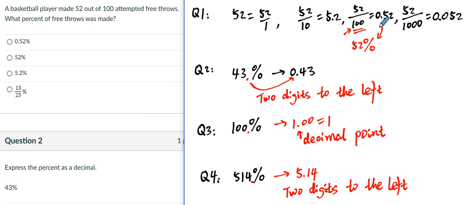This one is special because the denominator is 100. And then we like to write 52 still as an integer instead of divided by 100. Then we write percent.